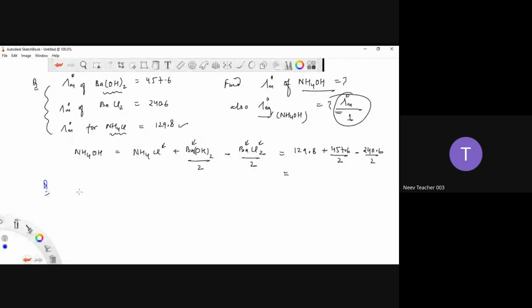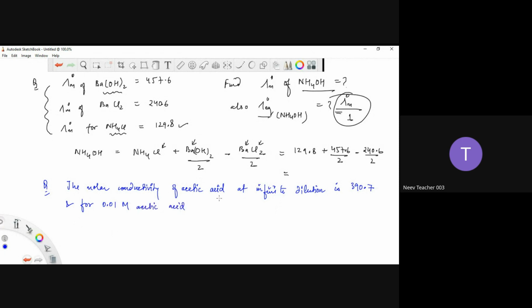Any guys? Yes, sir. Now, the molar conductivity of acetic acid at infinite dilution is 390.7, and for 0.01 molar acetic acid it is 3.907.